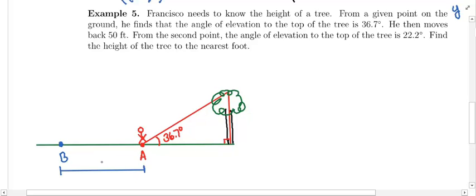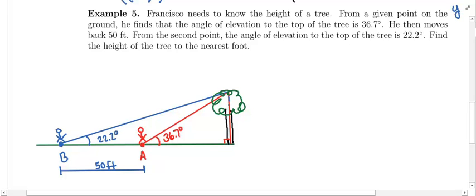From this new vantage point, where we have Francisco right here, the angle of elevation is now a smaller angle, and you can see that by just drawing here. The angle of elevation is now 22.2 degrees.